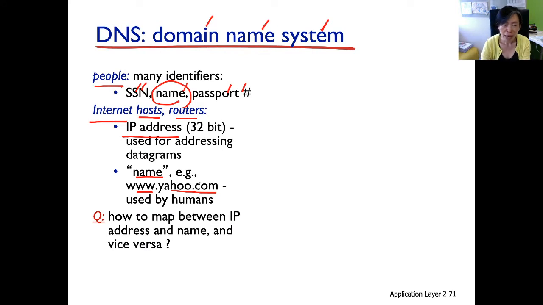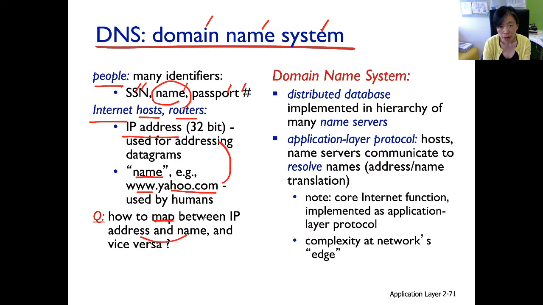So, hey, how does the web browser know the IP address given just www.yahoo.com? Well, that is the functionality of DNS, to identify the mapping between the IP address and the name. And let's talk about DNS more formally.